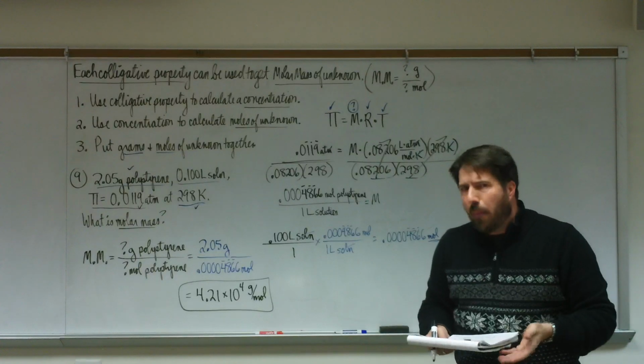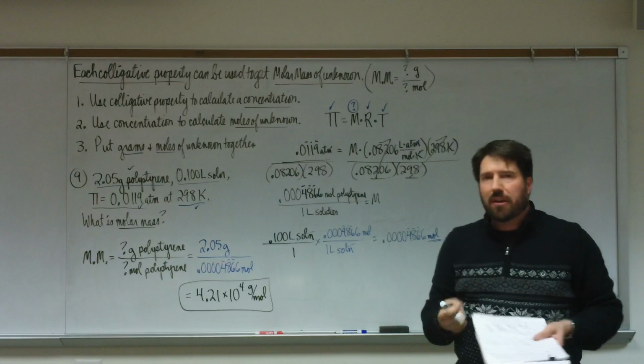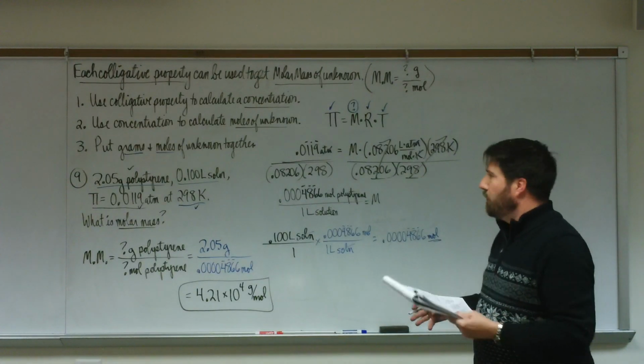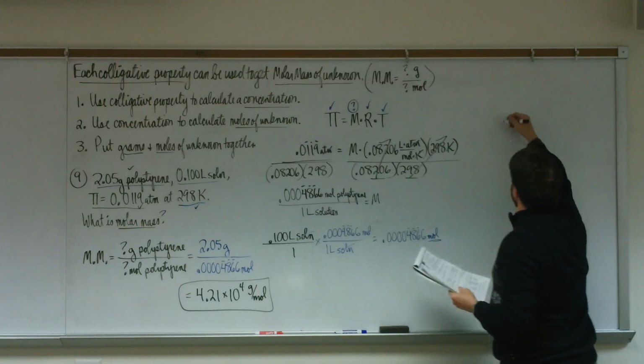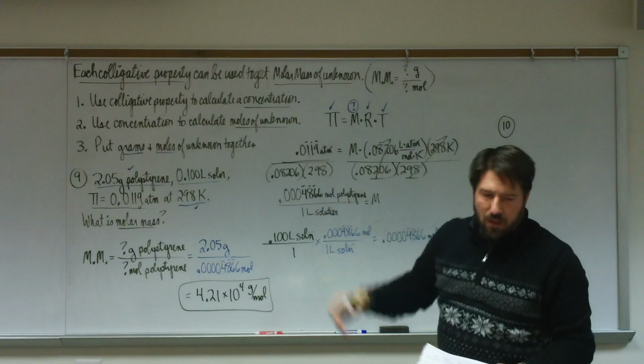You're doing a lab that uses freezing point to do this. So I'm going to do examples that aren't freezing point, but you need to practice the lab that does use freezing point. So let's do example number 10. I can put the pertinent information here while you can write down this.